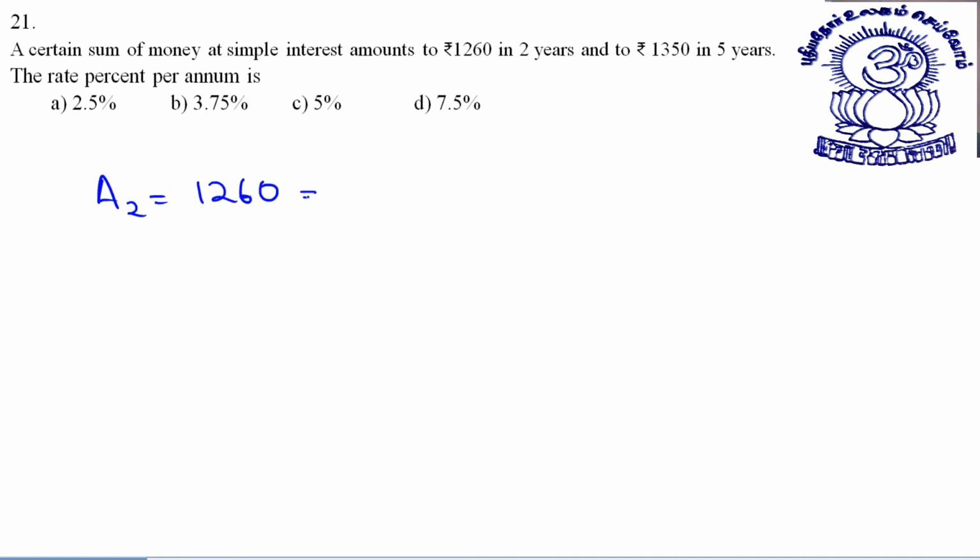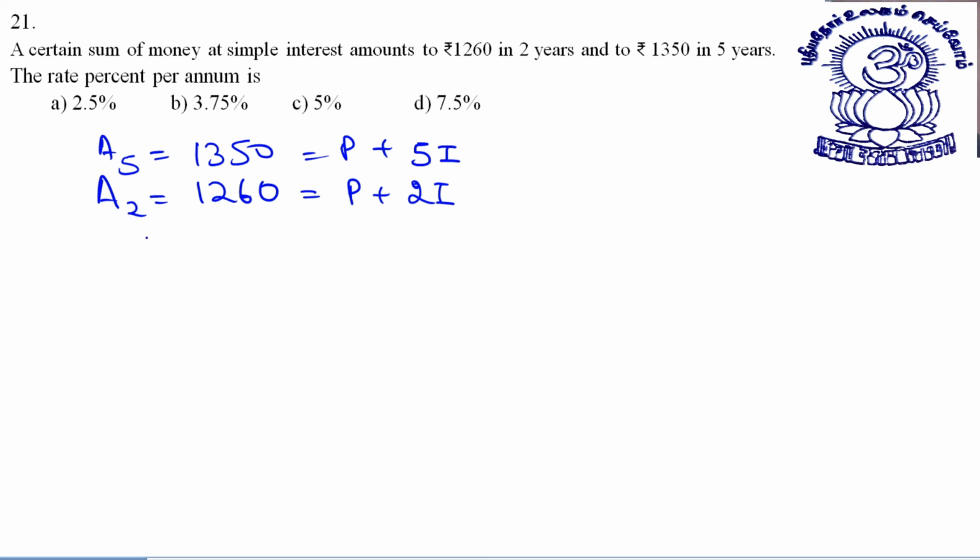1260. This is equal to principal plus 2 years interest. Then it amounts to 1350 in 5 years. So 1350 is A5, principal plus 5 years interest.